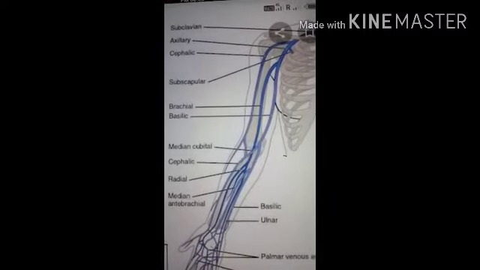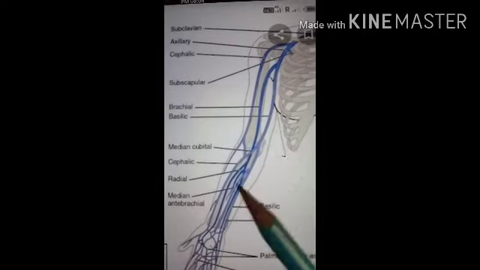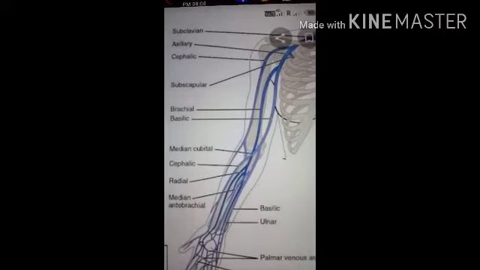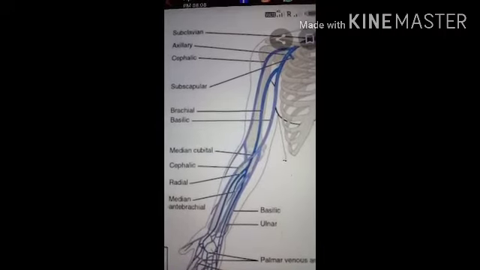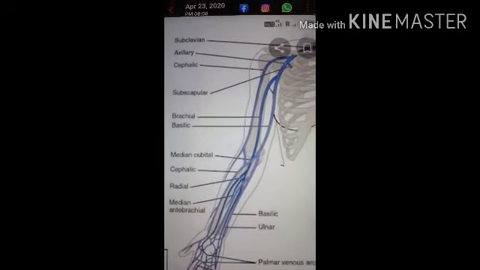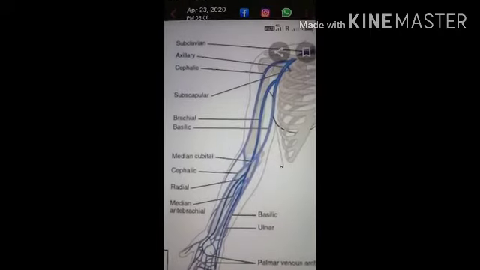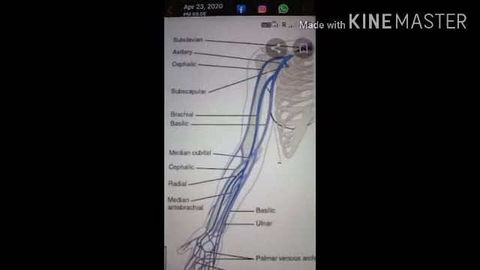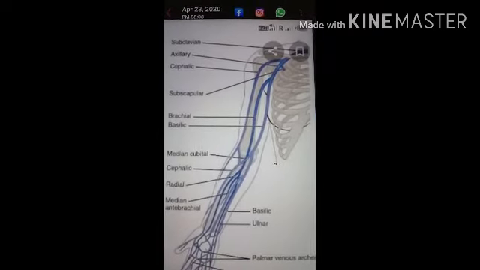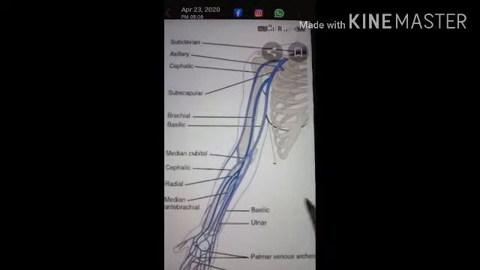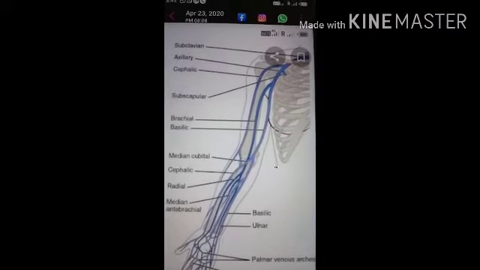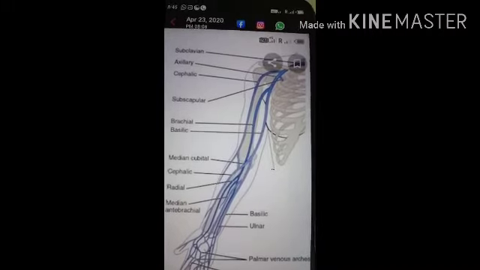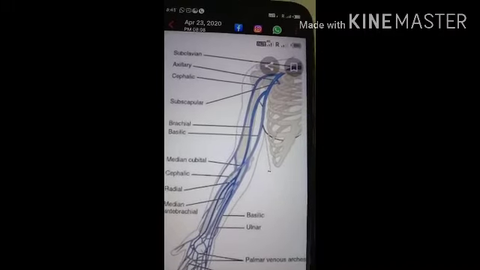So that is the superficial venous drainage of the upper limb. After completing the superficial venous drainage of the upper limb, let's see the venous drainage of the deep veins. The deep veins accompany the arteries in three groups. The first is called the venae comitantes, which accompany the large arteries and are related to the radial vein, the ulnar vein and the brachial vein, in relation with the radial, ulnar and brachial arteries.